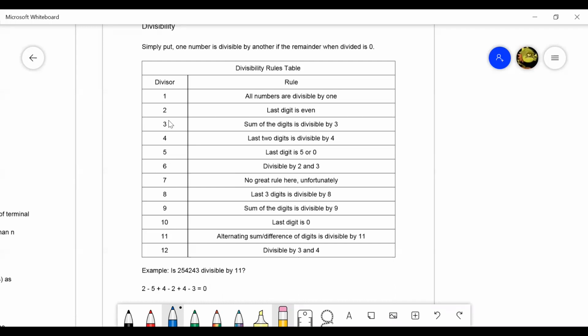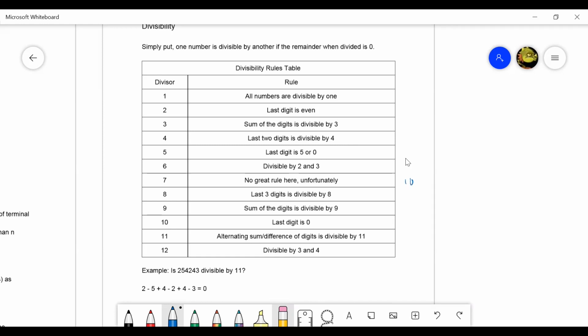You can look over them. I think the rules for 1 through 6 are pretty well known. For 7, I don't think there is any easily usable rule. The only one I can think of is not a rule but a trick, and it also applies for 11 and 13.